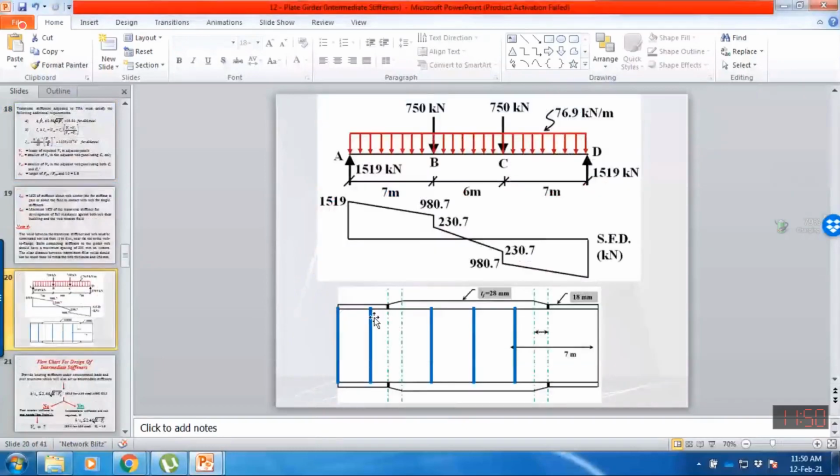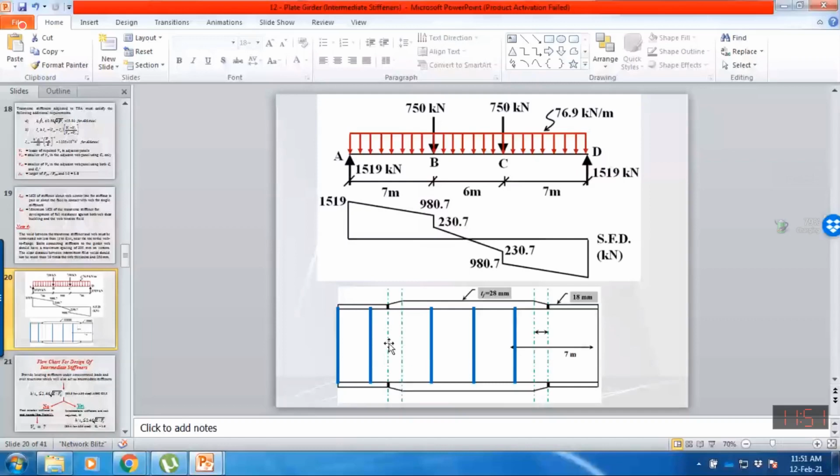So what will be the shear force at this point? What is the maximum shear force in this panel with reference to applied? So the maximum shear force within this panel will be this 1519. And in this panel, the maximum shear force is this one and minimum is this one. So this panel is subjected to lesser shear force, which is at this junction.